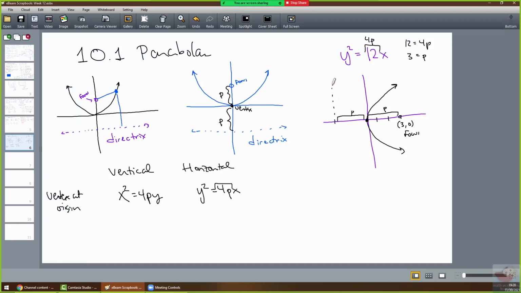Here, when it's a horizontally opening parabola, our directrix is a vertical line because, again, it can't touch the parabola. 3 units to the left of the y-axis is the line x equals -3.